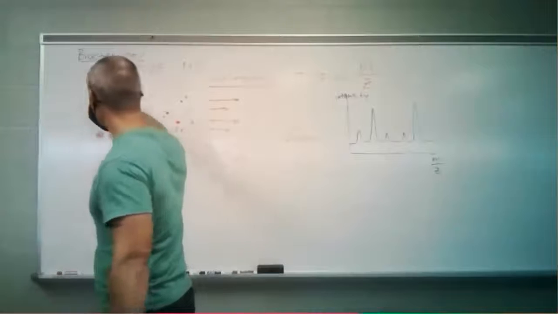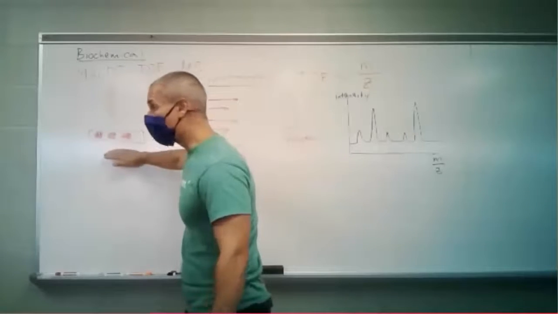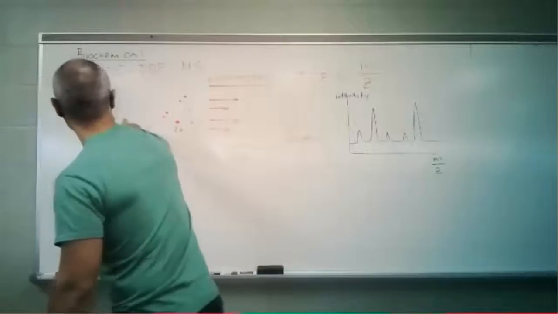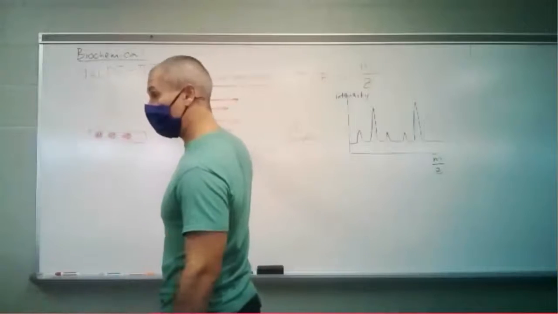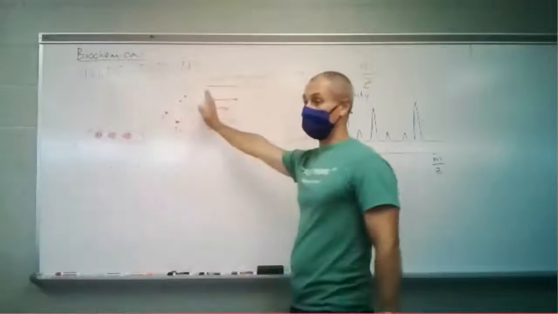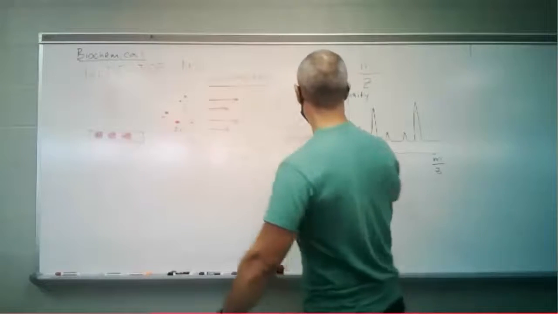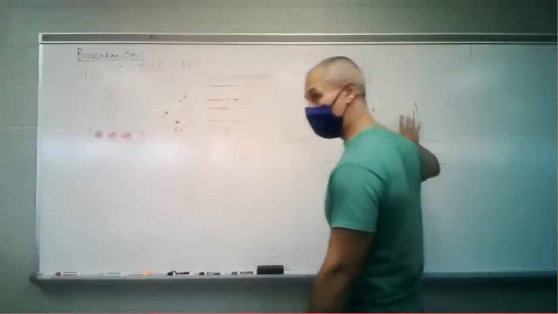So, ionization. Okay, matrix assisted, the sample mixed with matrix, laser desorption ionization, blow them up, giving them a charge. Look, time of flight, mass spectrometry. You have a spectrum, okay?